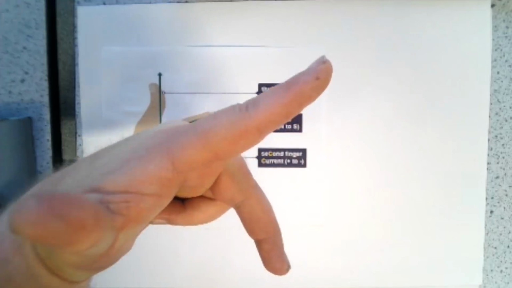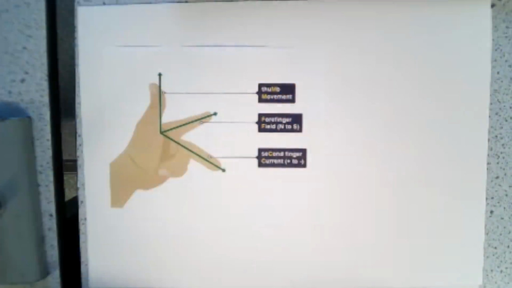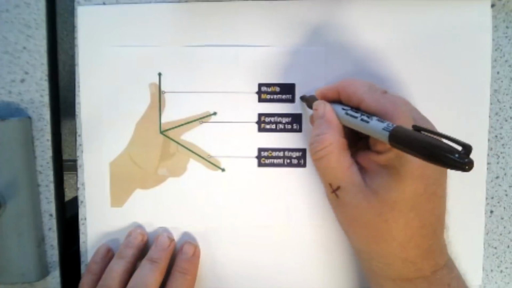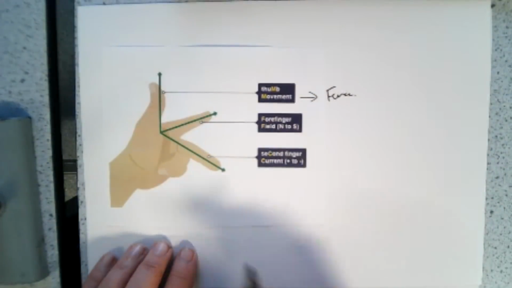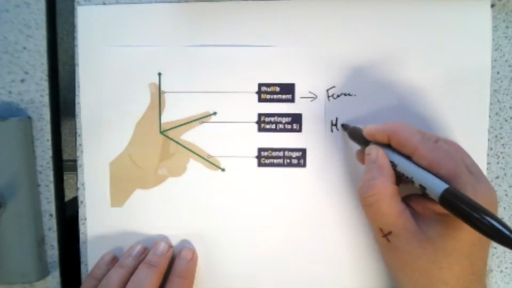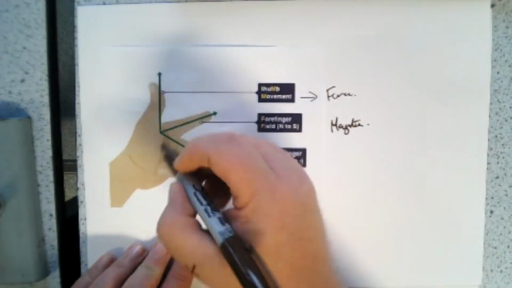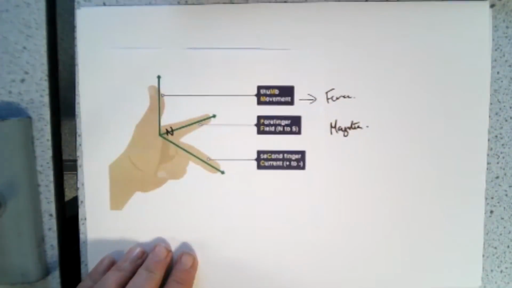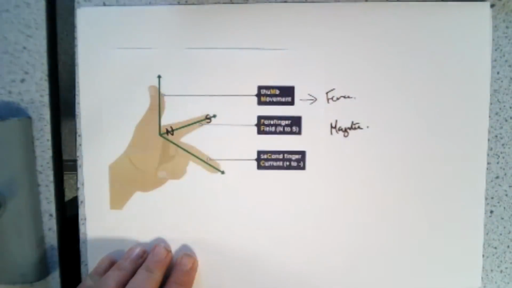Your thumb points upwards, your first finger straight out, and your second finger at right angles. So I've got a diagram here that shows what they actually mean. Your thumb represents the movement or the force that causes the movement. Your forefinger represents the magnetic field from north to south. So remember, the north is where your finger joins onto your hand, and the south is the tip of your finger.